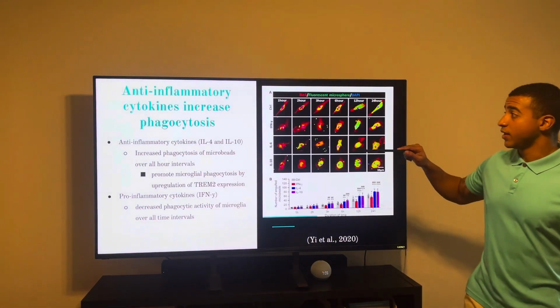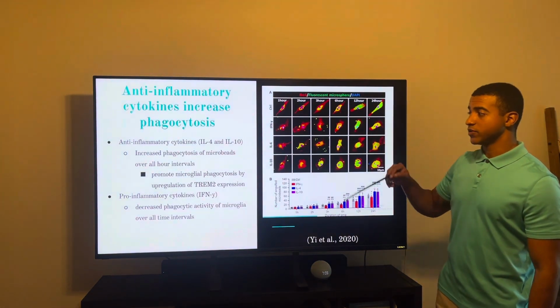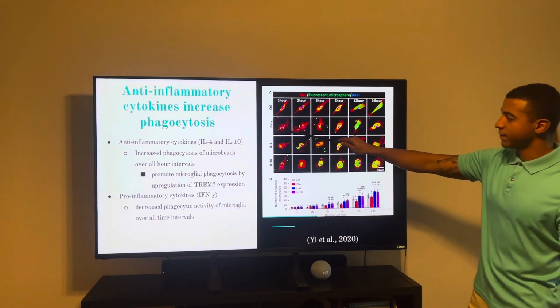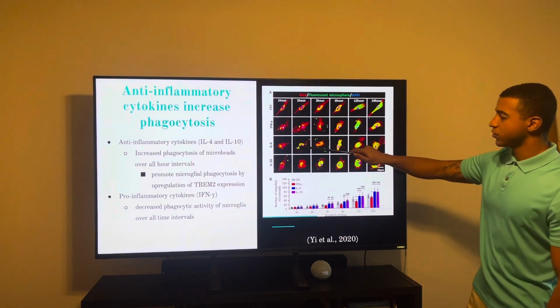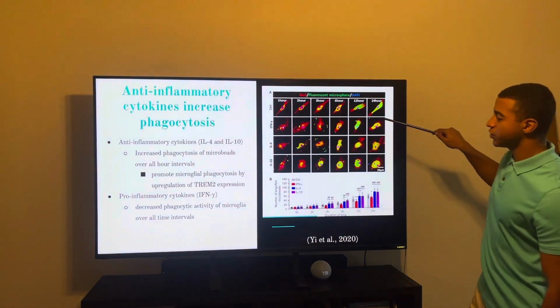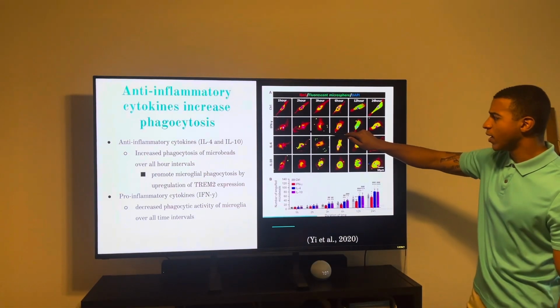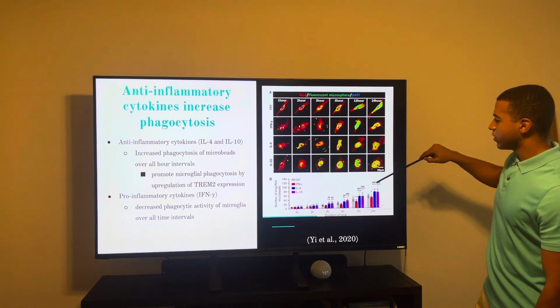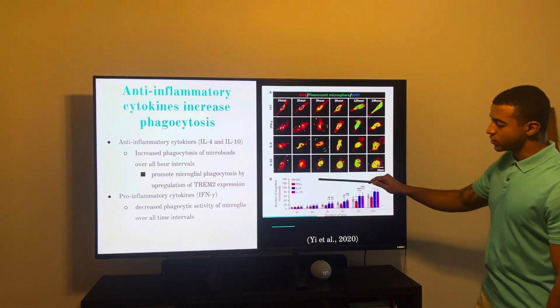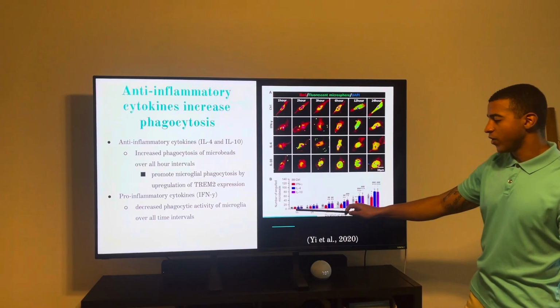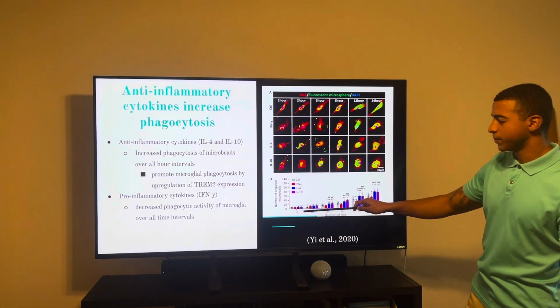What they found was that the anti-inflammatory cytokines increase phagocytosis. As you can see from these two figures, this is the pro-inflammatory group, anti-inflammatory groups, and control group. In the images, the pro-inflammatory group took a while to get started, but overall, it kind of looks like they did the same thing. But when you look at the statistical data, the y-axis is the number of engulfed microbeads. The red is the pro-inflammatory group.